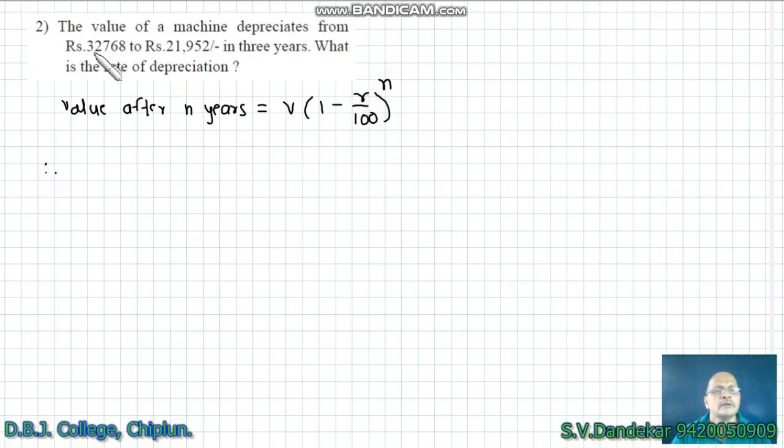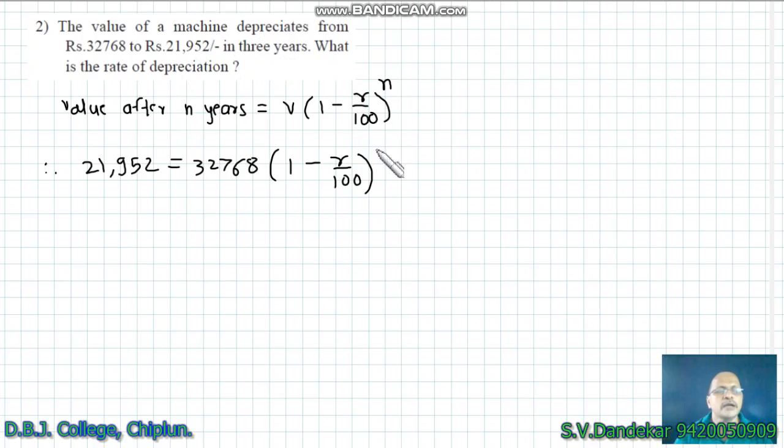Here today's value is 32,768, value after 3 years is 21,952 given. It is equal to 32,768 times (1 minus R/100) bracket cube, since the rate of depreciation is unknown and the value is after 3 years.